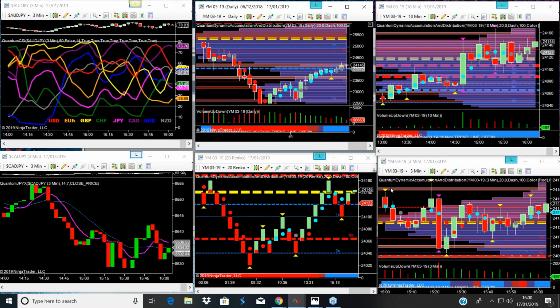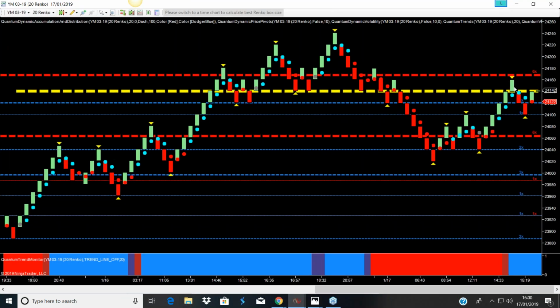When we look at the time charts and the Renko charts, each one of them is around the volume point of control. We've got the volume point of control on the Renko. If this is going to carry on higher, it has got to break up over this.